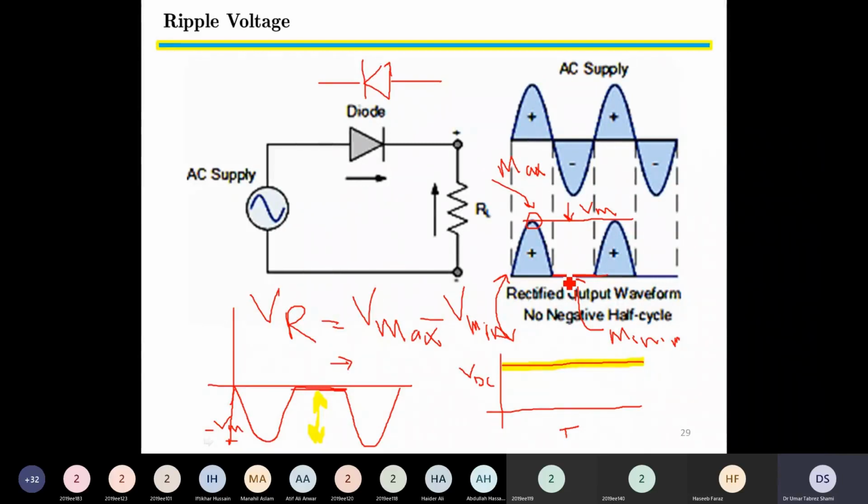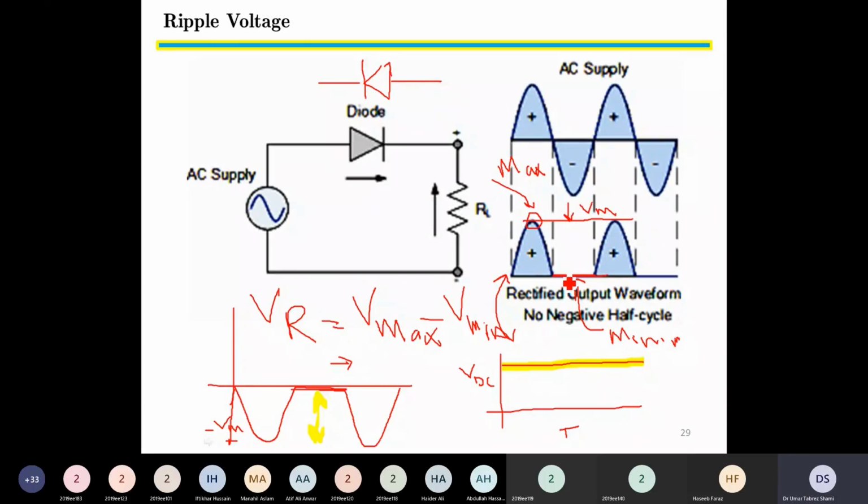And then for the unrectified case where the diode becomes reverse biased, during this half cycle, the output voltage will be 0 volts because there is zero current multiplied by RL, which gives us 0 volts.